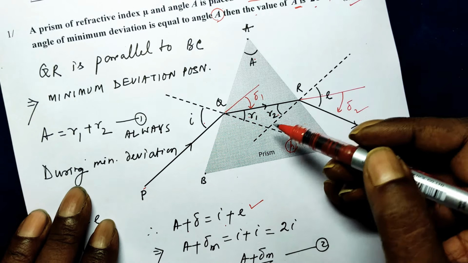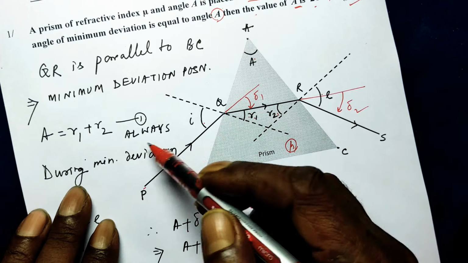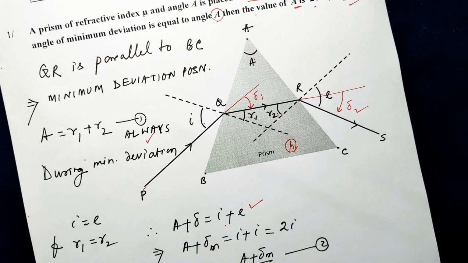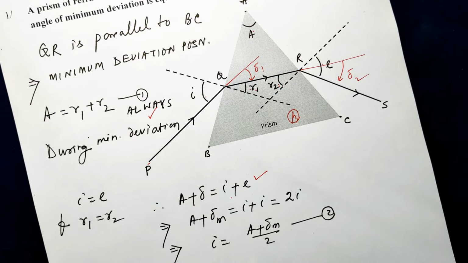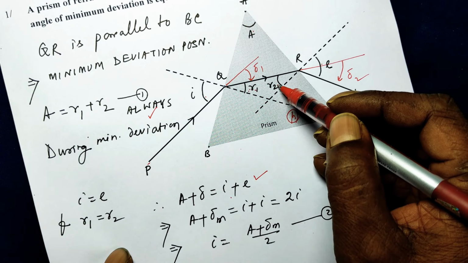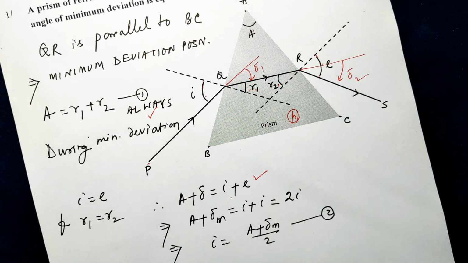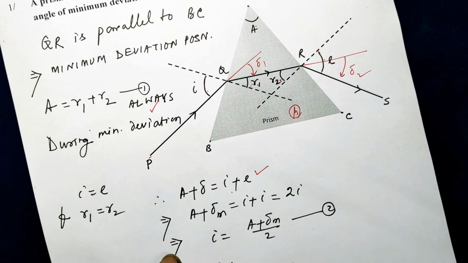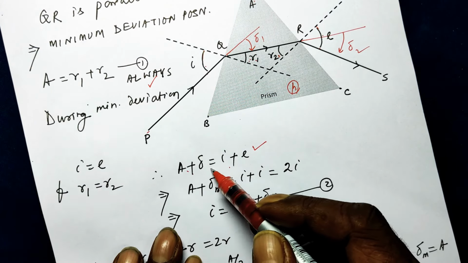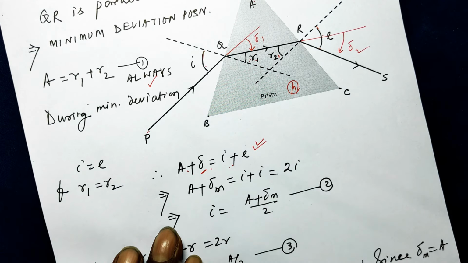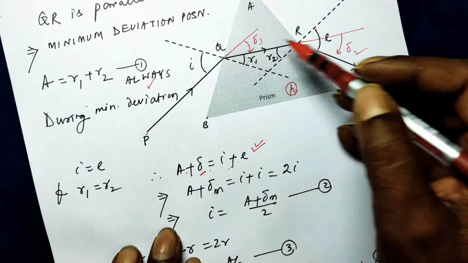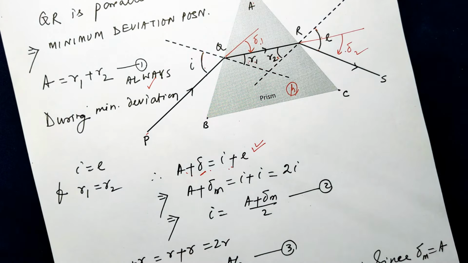And this angle A is always equal to R1 plus R2. This is always true. And during minimum deviation, this R1 is equal to R2 and this I is equal to this E, that we have learnt in our theory classes. So, using the expression A plus delta is I plus E, where delta is the total deviation, that is the sum of delta 1 plus delta 2.